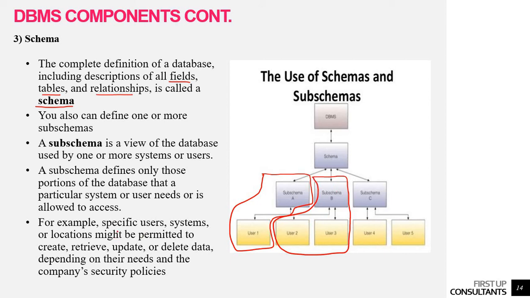So that is why it provides you with an example, okay. Specific users and specific systems might be permitted to create, retrieve, update or delete data depending on their needs, depending on their roles, and also depending on the security policies of the company.